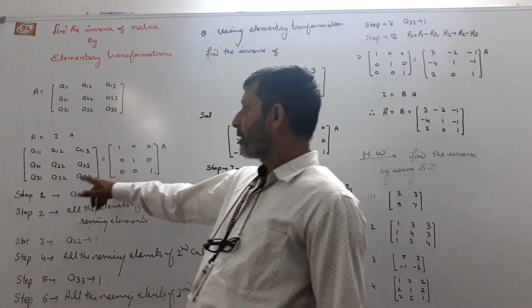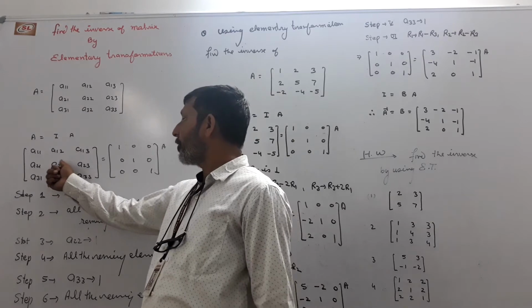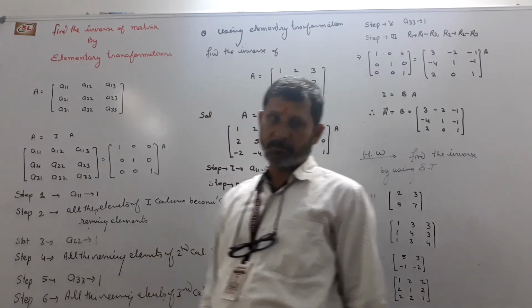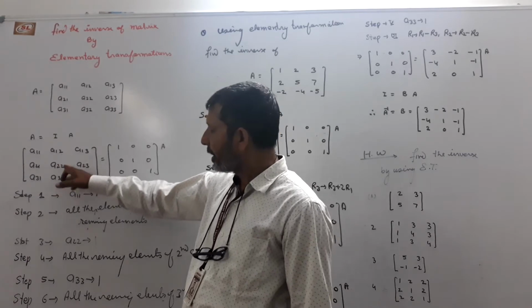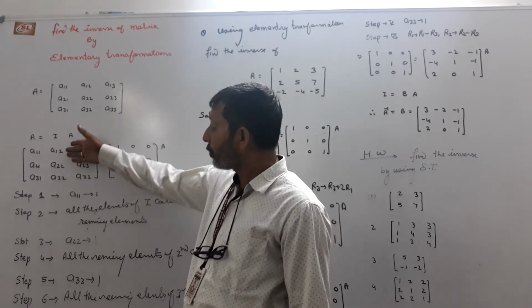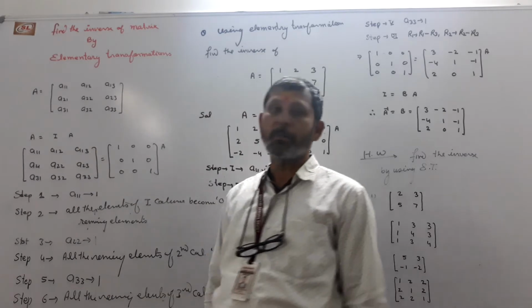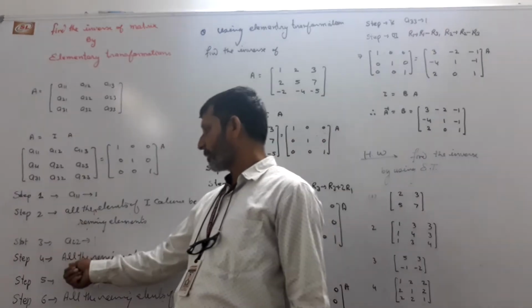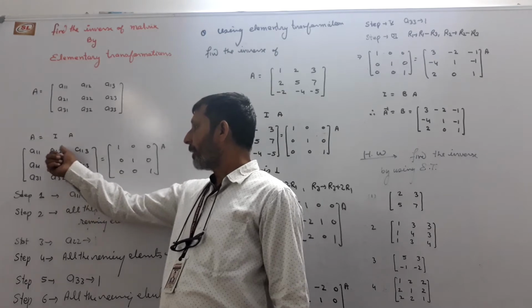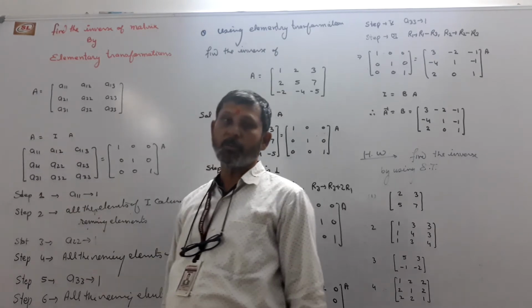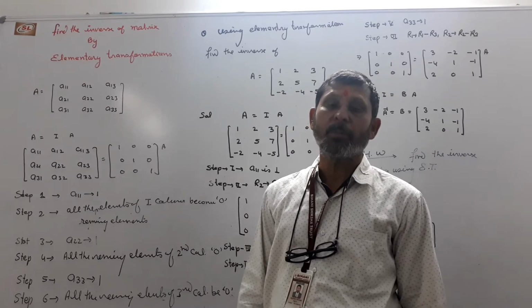After this we change A22 to 1, by the same condition, either adding or subtracting, and we change all the remaining elements of the second column to 0 by using the row transformation properties.